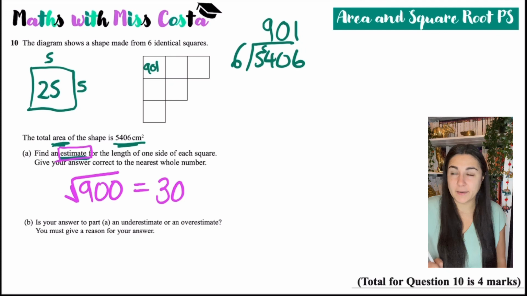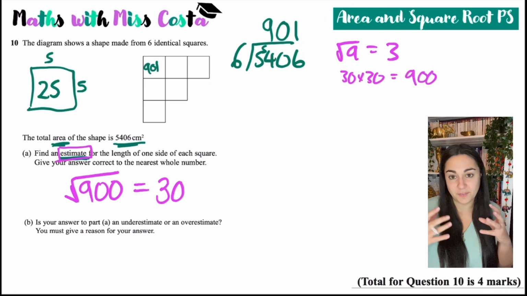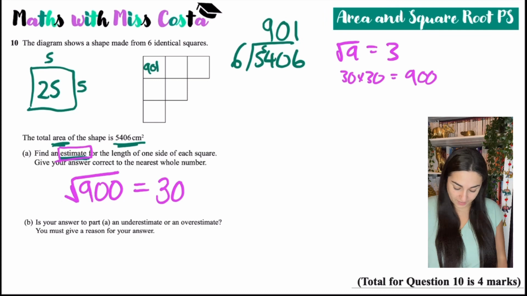I mean, if you didn't know that, then just think to yourself, okay, I know the square root of 9 is 3. So it's obviously not 3. Maybe if it was 30, that's 10 times on both sides. So 3 times 3 is 9. Add on the 2 zeros is 900. So you just have to figure out ways to make it work if it wasn't a square number you already knew.